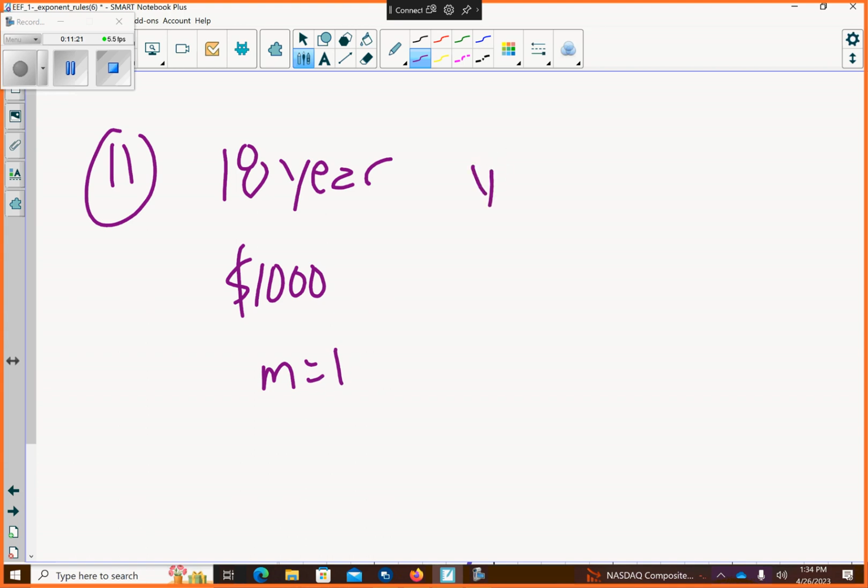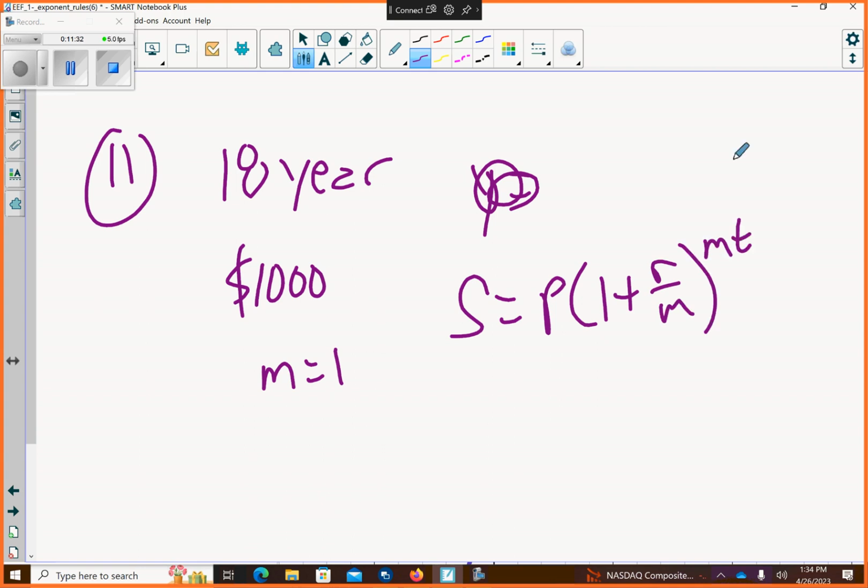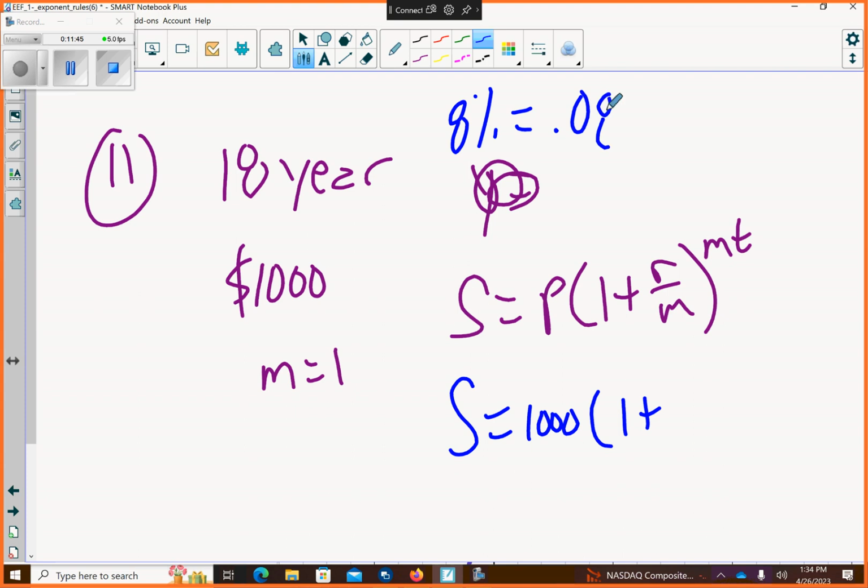So S equals P times 1 plus R over M, raised to the M times T. All we have to do is 1,000 times 1 plus the rate of 8%, so 0.08, divided by 1, raised to the 1 times 18.